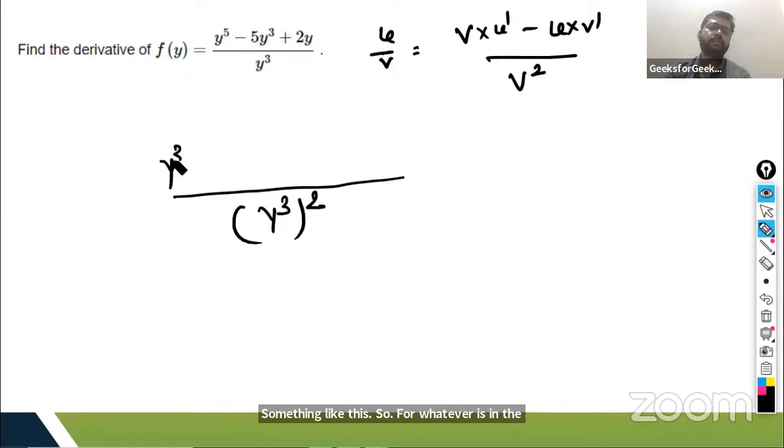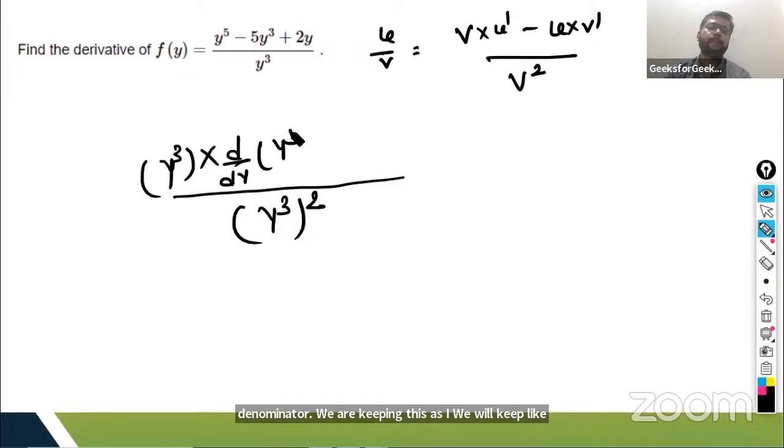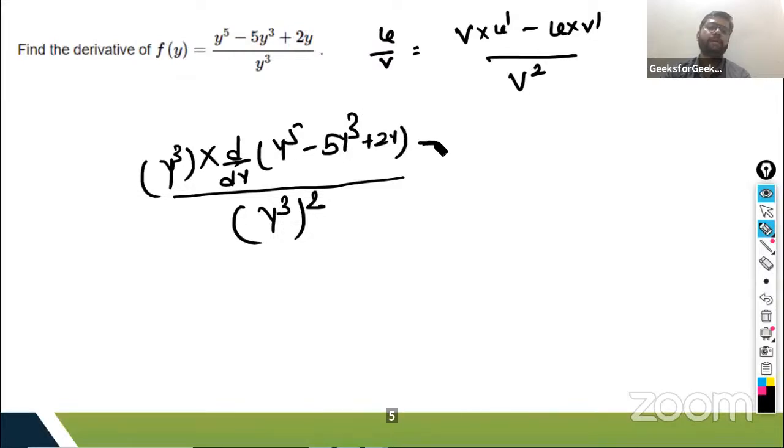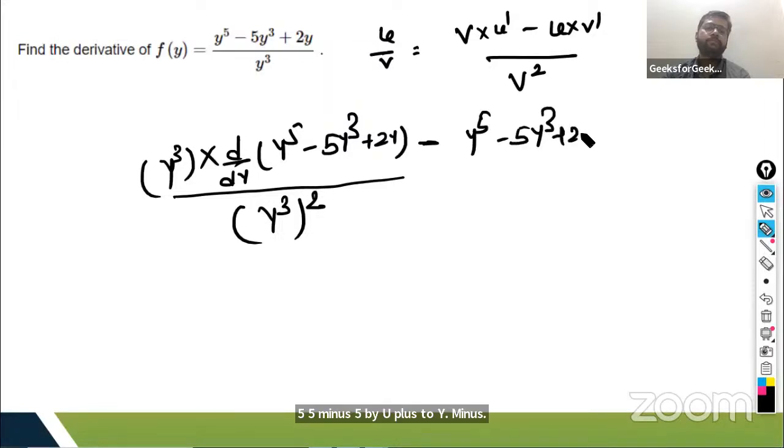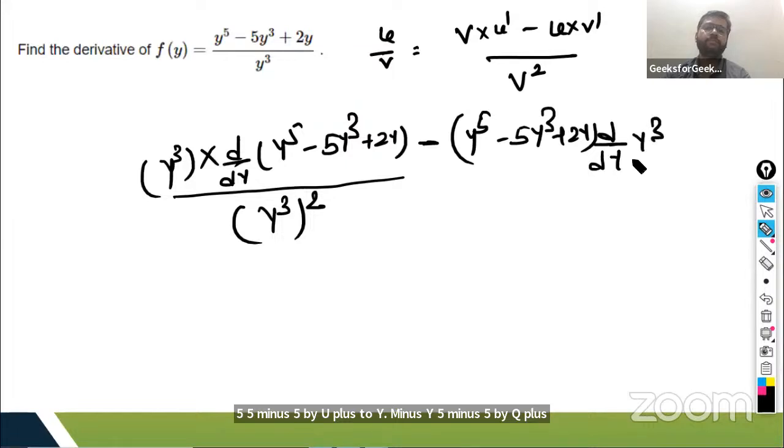We will keep it like this, d upon dy, y^5 minus 5y^3 plus 2y, into d upon dy of y^3.